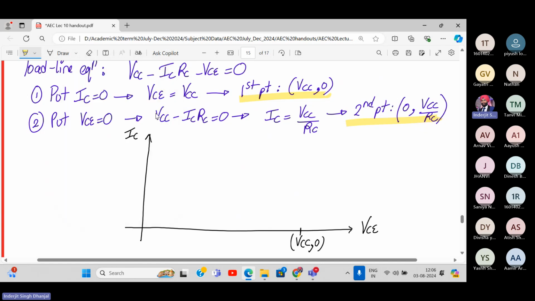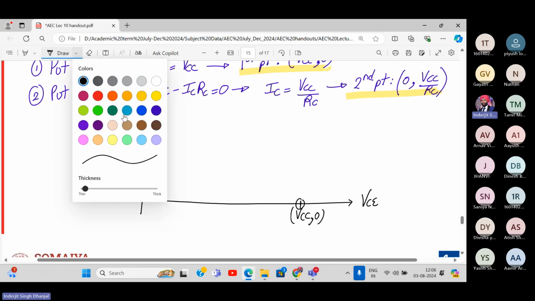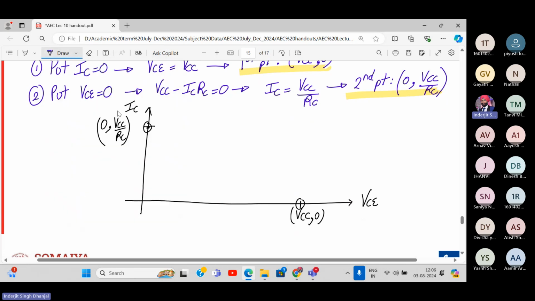So this point will be 0 comma VCC upon RC, on the y-axis. Now we have two points, so join them to get a straight line. This becomes my DC load line.